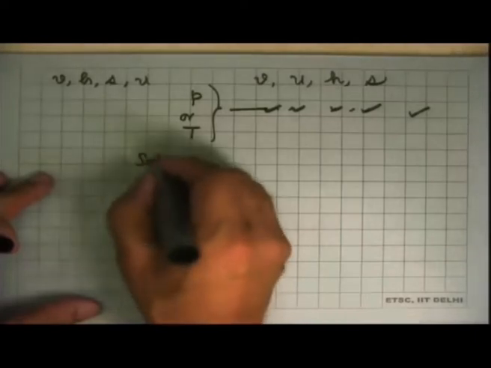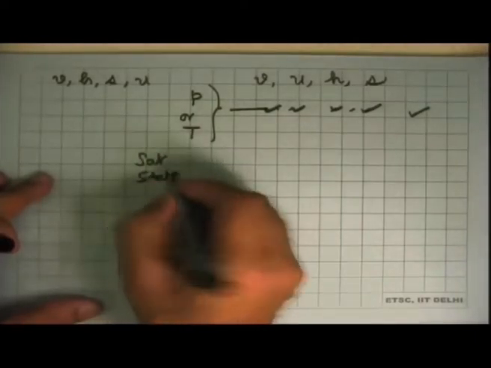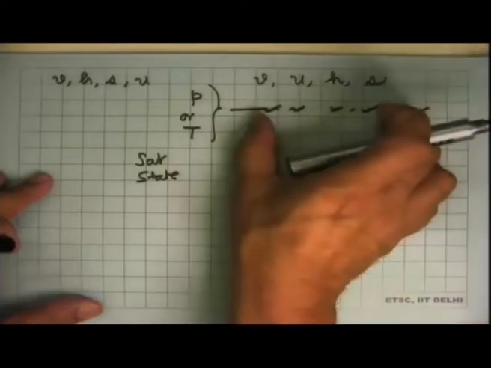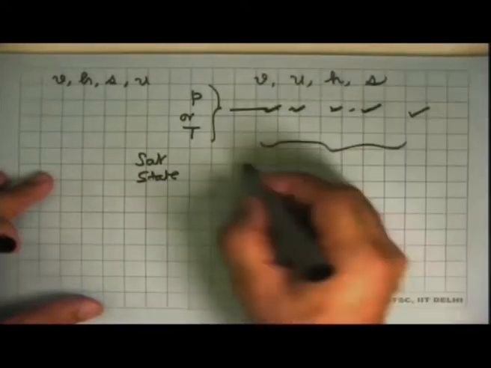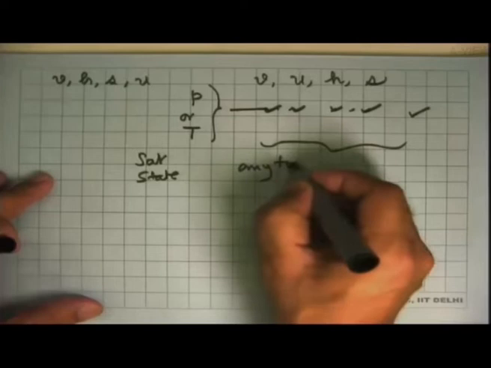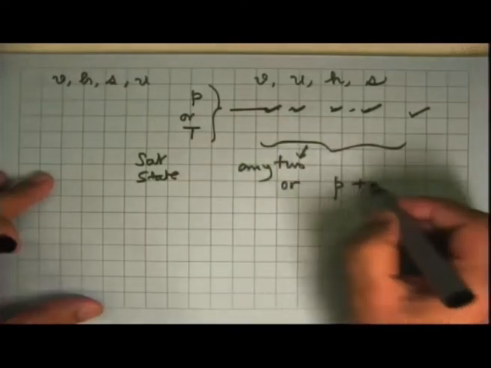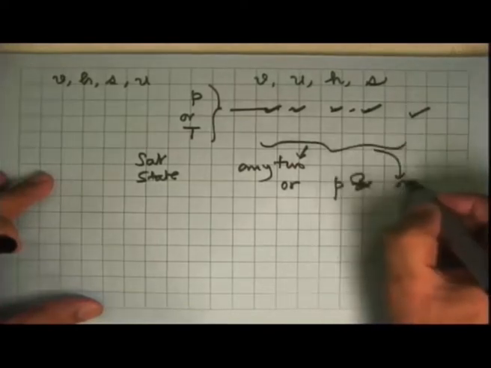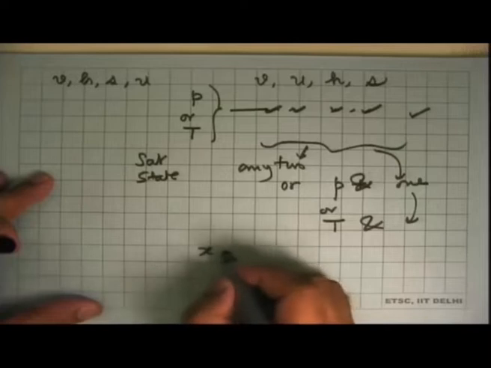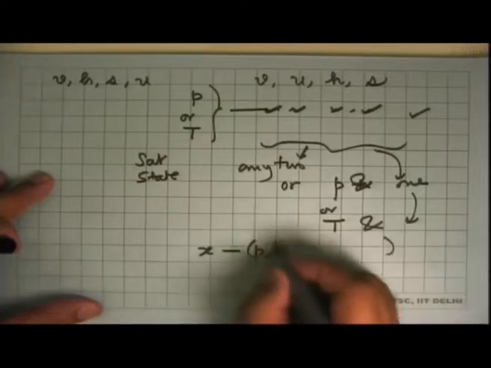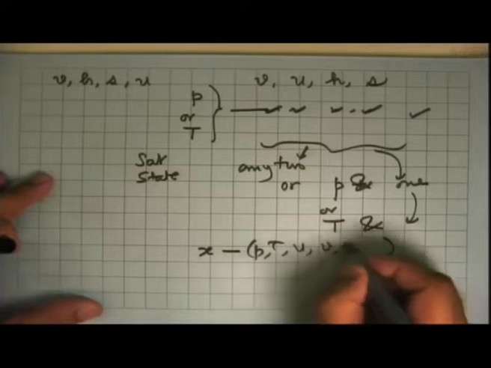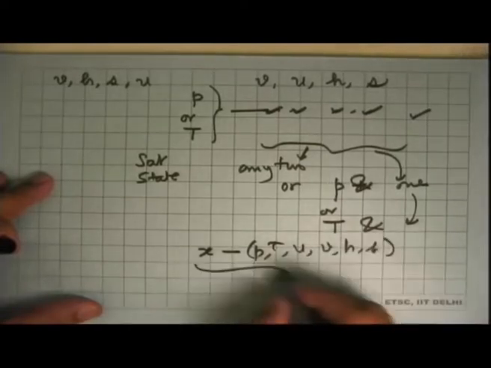But in a saturated state, it has to be either any two of these, or pressure and any one of these, or temperature and any one of these, or any of these with X. So X with any of these properties, P, T, U, V, H, S, will constitute two independent properties.